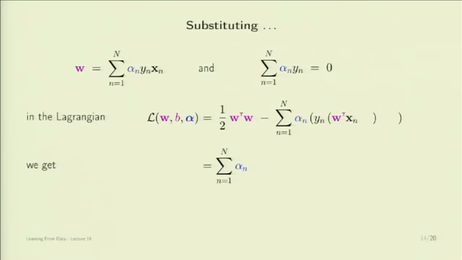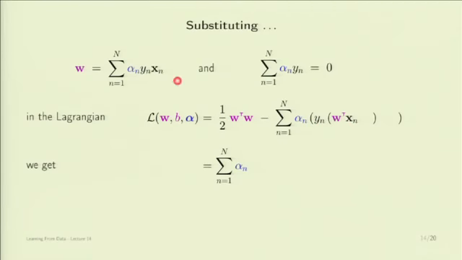Now, when I have it down to this, it's very easy to see. Looking at the form for W, when you have W transpose W, you get a quadratic version of this: a double summation of alpha, alpha, y, y, x, x, with the proper names for the dummy variables. And here you already have alpha_n y_n x_n.